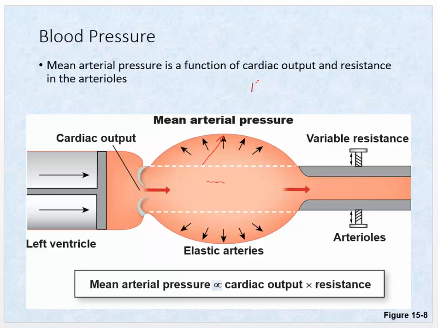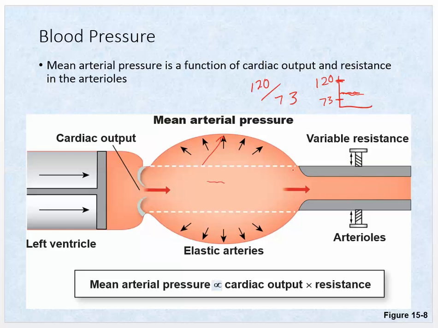If your blood pressure is like 120 over 73 or something like that, then your mean arterial pressure would be between those, but a little bit lower. So if you have 120 over 73, here's 120 and here's 73, it would probably sit right about here, a little bit below half.